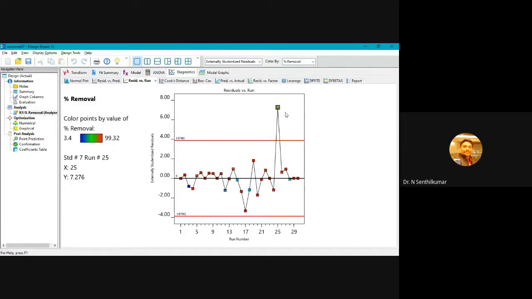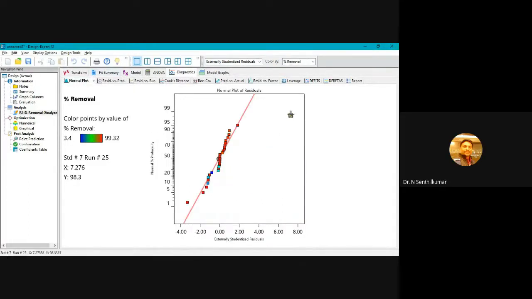Then this graph will modify. It will also come closer to that straight line. In the normal probability plot, we can see this point will also be fitted into the straight line. Then obviously the R square values and all will be good. It will also be increased.